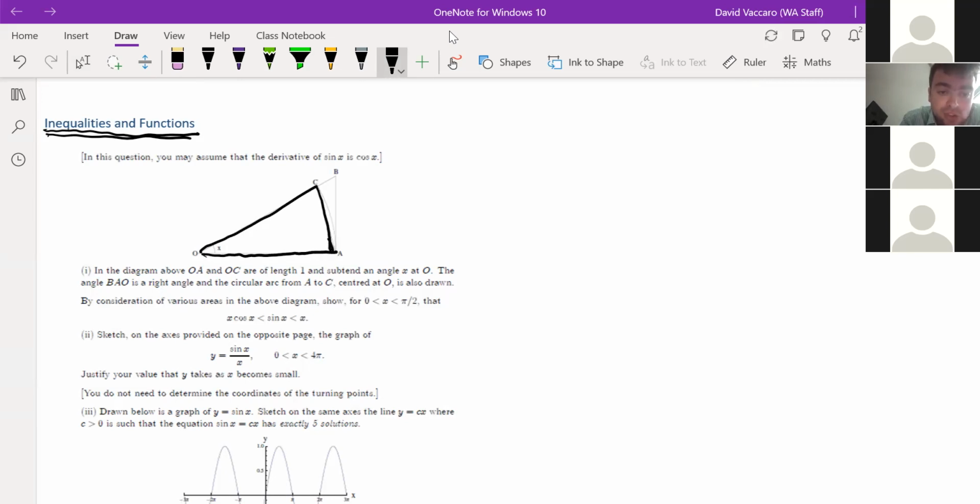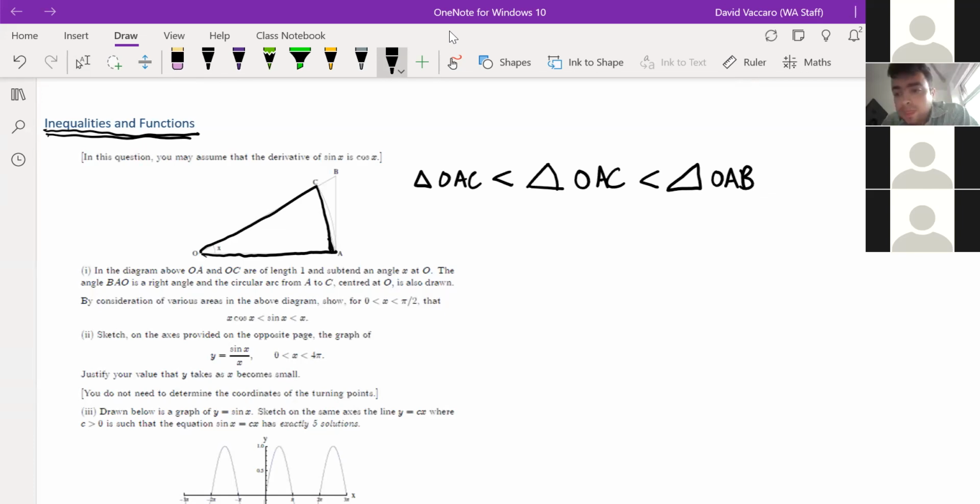There's this triangle OAC, and that is clearly smaller than the sector of the circle OAC, and that in turn is clearly smaller than the right-angled triangle OAB. The radius of the circle is 1.